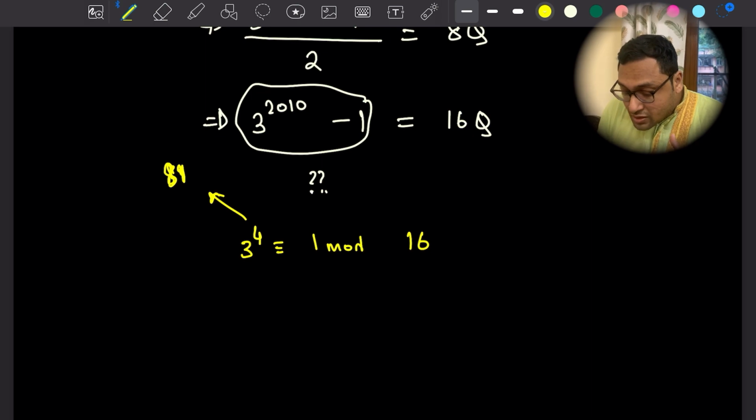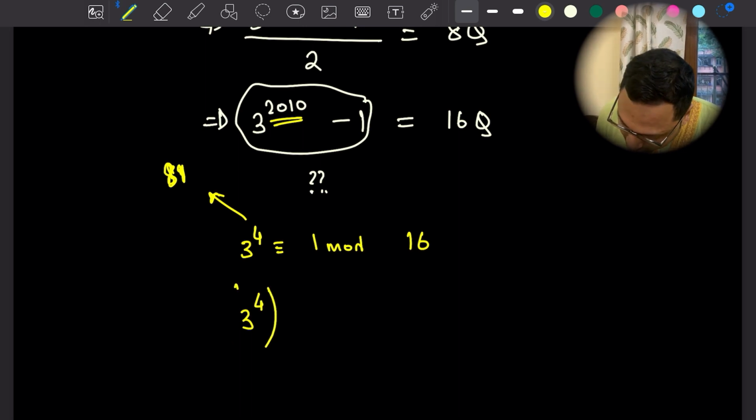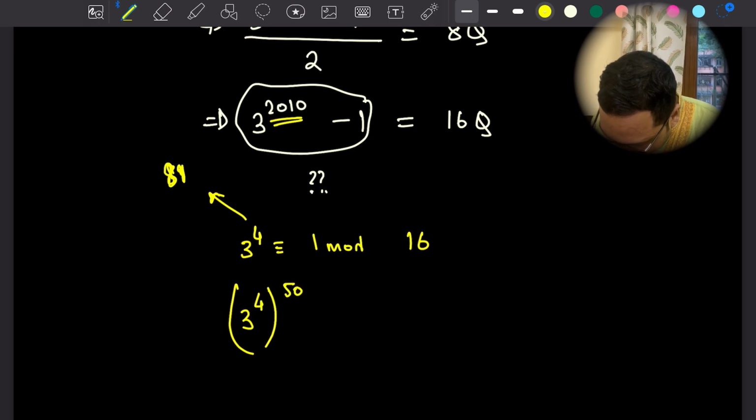Now, to go up to 2010, you can raise both sides to the power 502, let's say, mod 16.